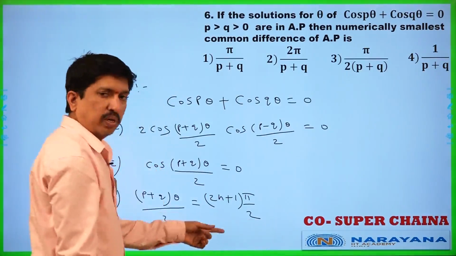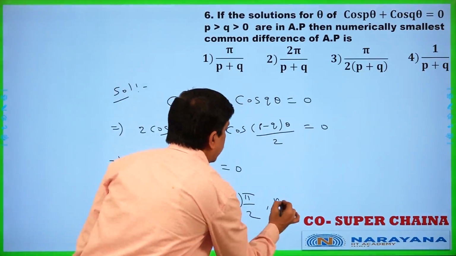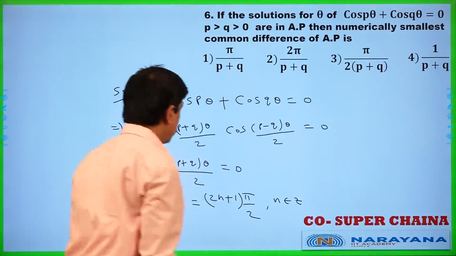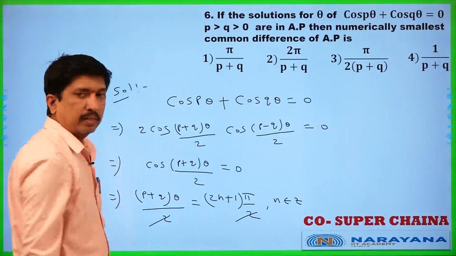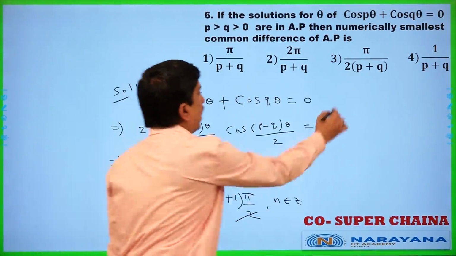This is the general solution where n belongs to Z only. Now, these two will get cancelled, and I require theta only.